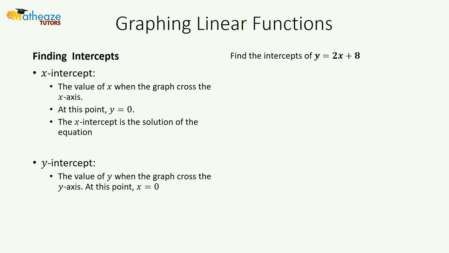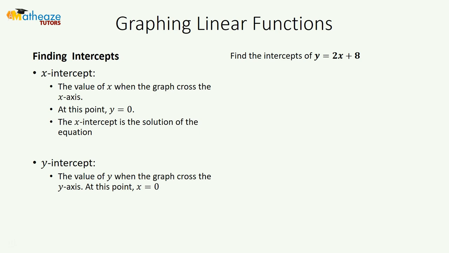Now we're going to look at the intercepts. As I showed you earlier, there are two intercepts in a linear function. We're going to look at how to derive the value of the x-intercept, and how we're going to get the value of the y-intercept. So the general point here is that at the x-intercept, y equals 0.